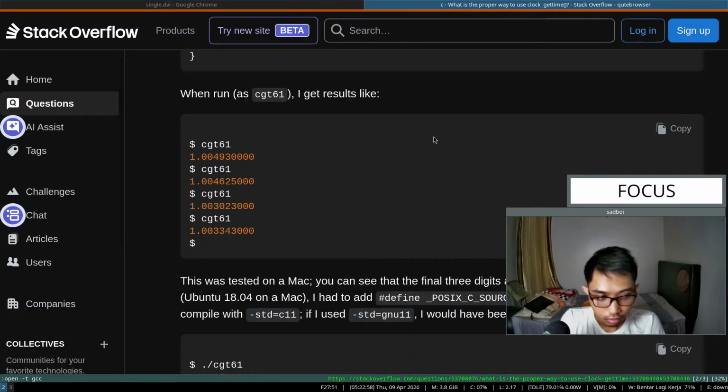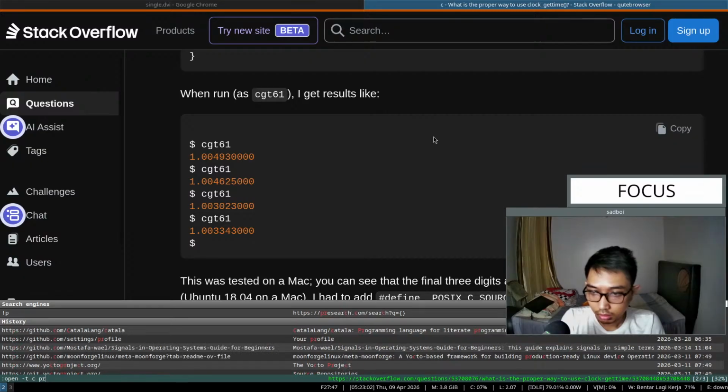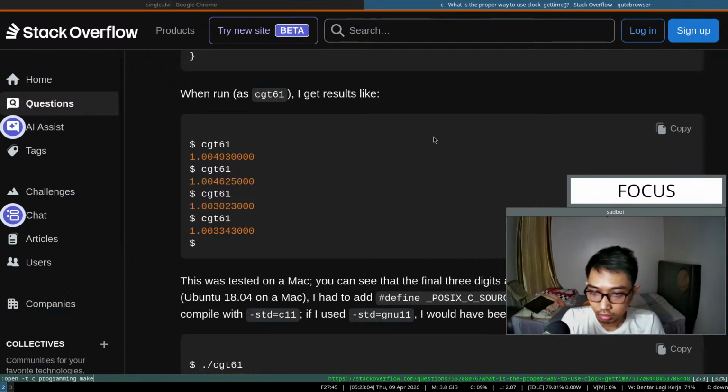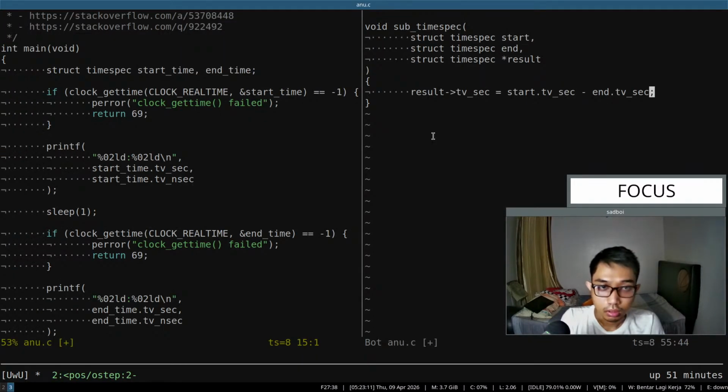Makes me curious to make sure... what is it called?